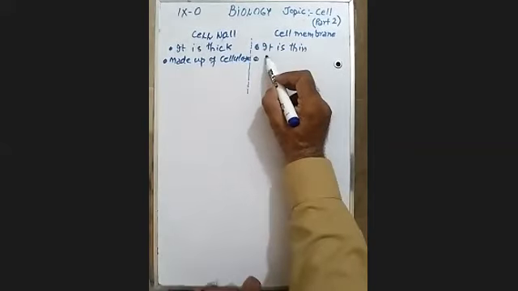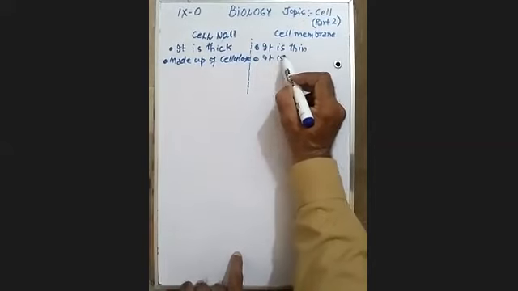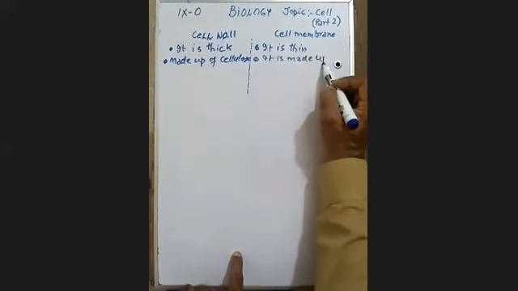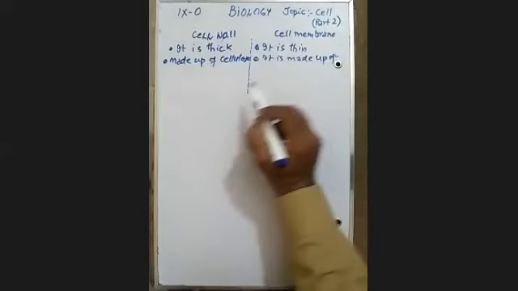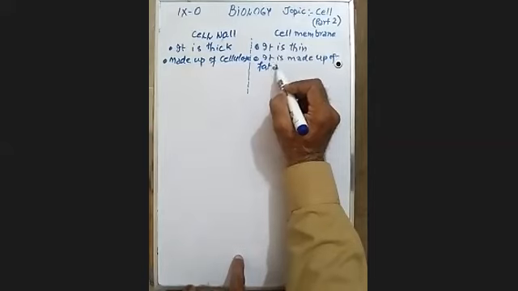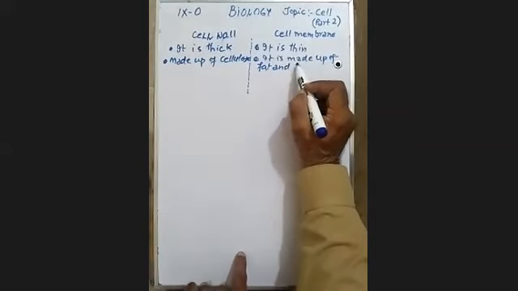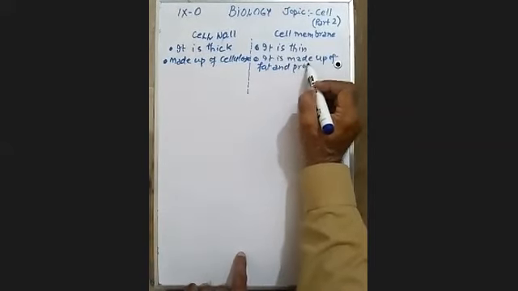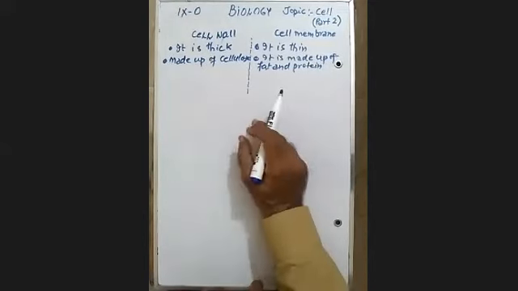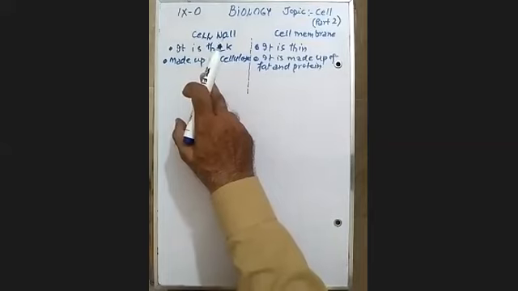And the cell membrane is made up of fat and protein. Is it clear? Cell wall, thick in structure.